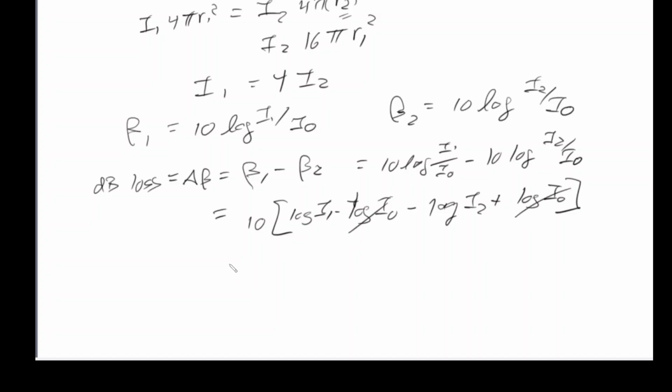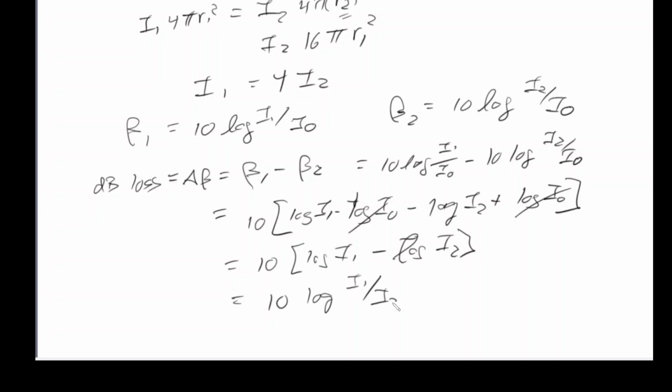And these two cancel out. We end up with 10 times the log of I1 minus the log of I2, which is equal to 10 times the log of I1 over I2.